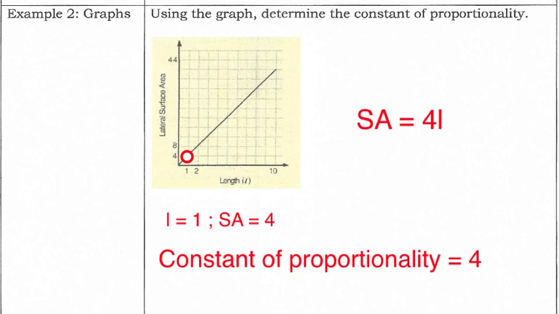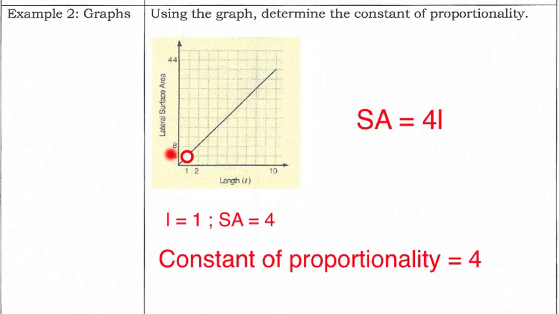We can also use the graph to determine the constant of proportionality. We know that this graph is proportional because it goes through the origin. It's a straight line that goes through the origin. The origin is right here at 0, 0. Remember, constant of proportionality is also the unit rate, so we look at where 1 is.